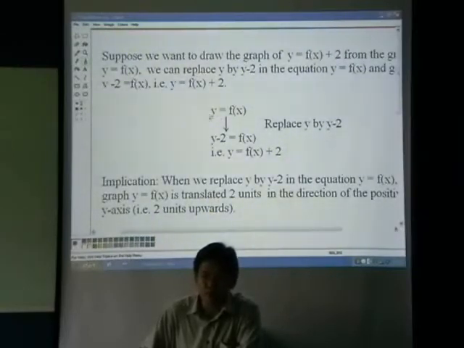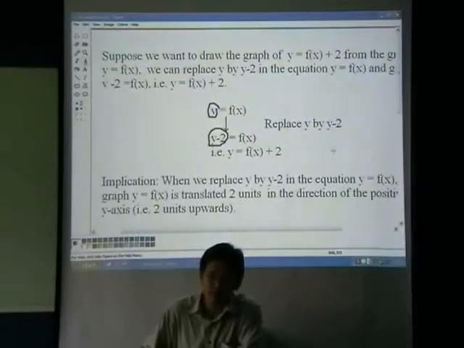Suppose we start with the equation y equal to f(x), and we want to know how to draw the graph of the equation y equal to f(x) plus 2. What we need to do is replace the y by y minus 2. So if I replace this y by y minus 2, I will get y minus 2 equal to f(x). In other words, if I bring my minus 2 over to the other side, I will have y equal to f(x) plus 2.